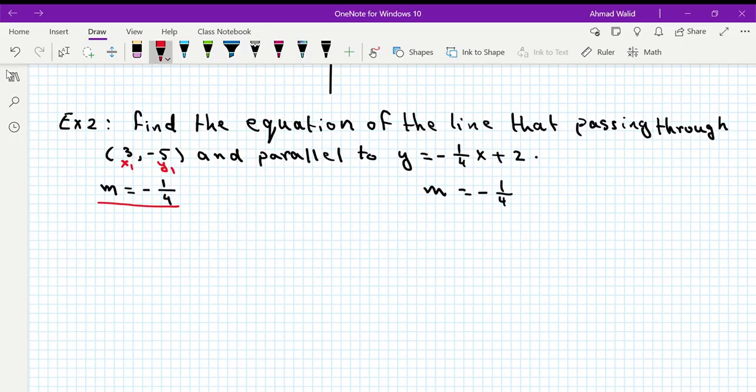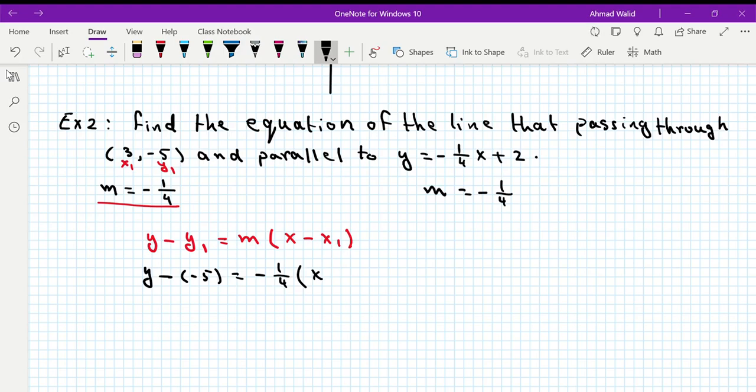My formula: y minus y1 equals m times x minus x1. Plug in the numbers. y minus y1, which is negative 5, equals m, negative 1/4, times x minus x1, which is 3.